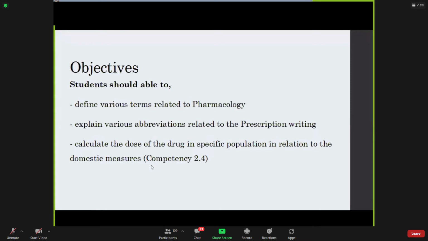For example, in the pediatric population, geriatric population, or in patients with liver or kidney diseases. You should also be able to calculate the dose of the drug in relation to domestic measures. Domestic measures will be covered in subsequent slides, and this is covered under competency 2.4.